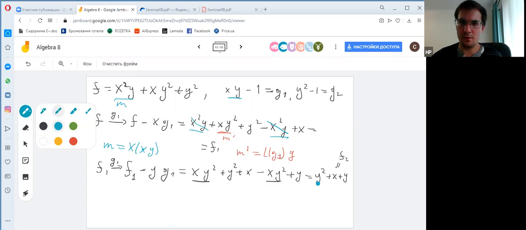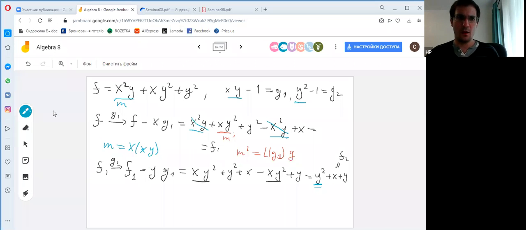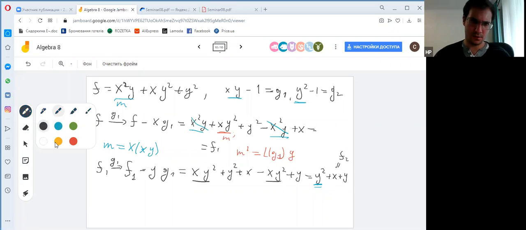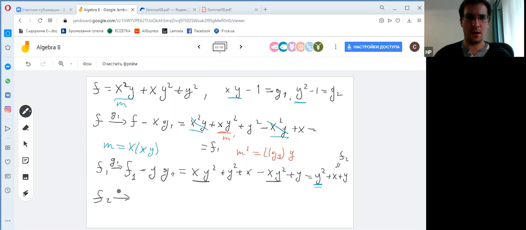We have this term, which is divisible by the leading form of g2. Since these just coincide, the reduction by g2 is very simple. We reduce by g2 and go to just f2 minus g2, which is equal to x plus y plus 1.